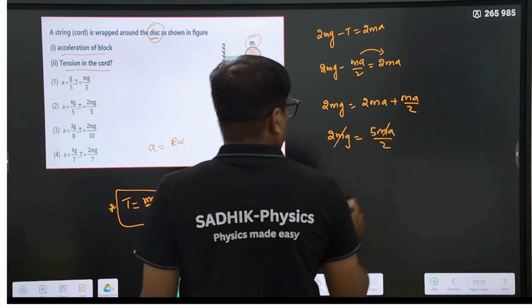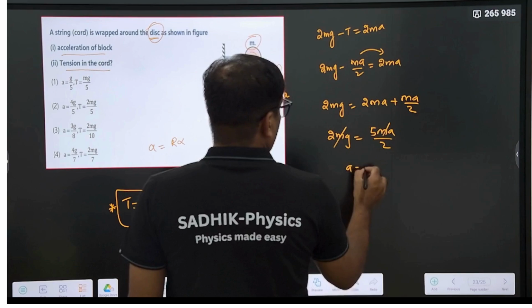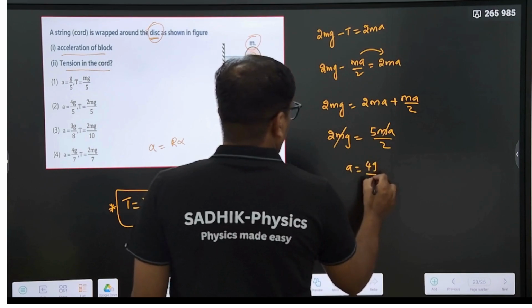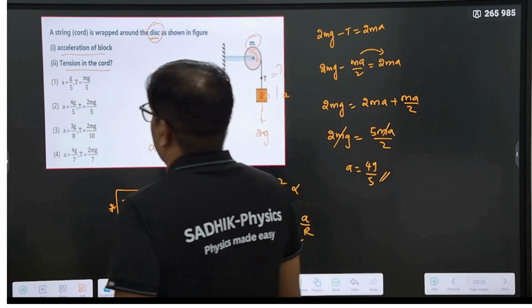The m cancels out, therefore A is equal to 4g by 5.